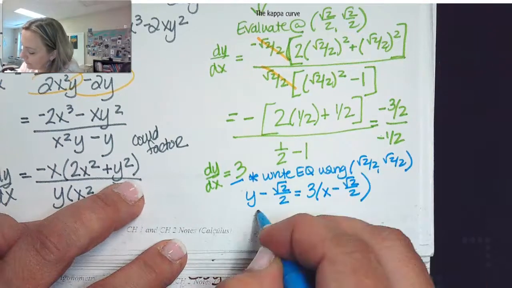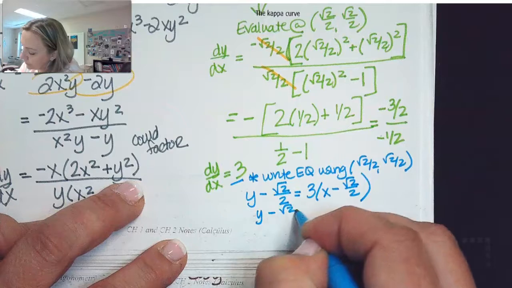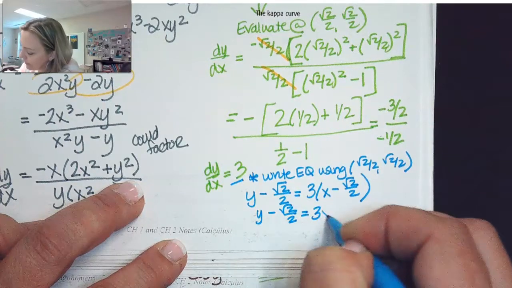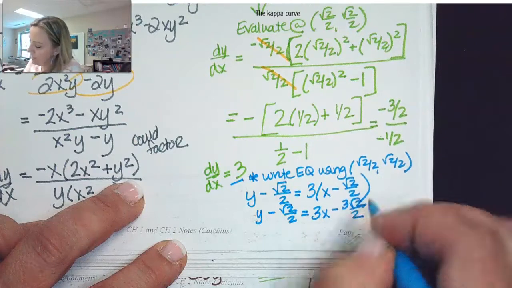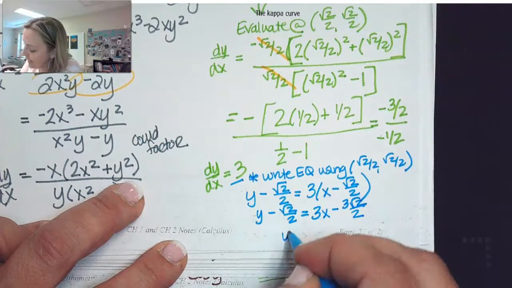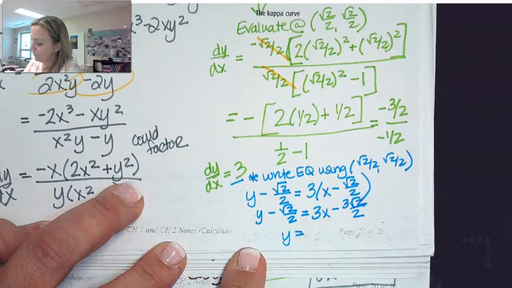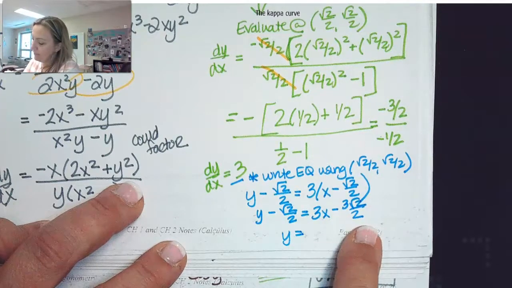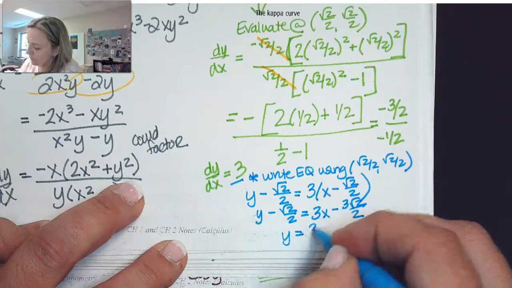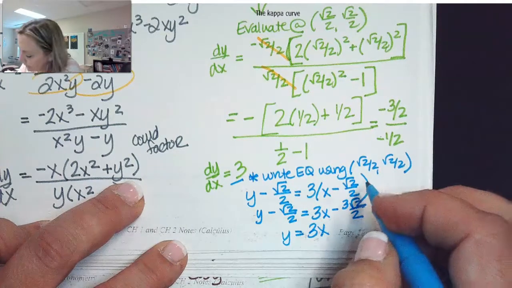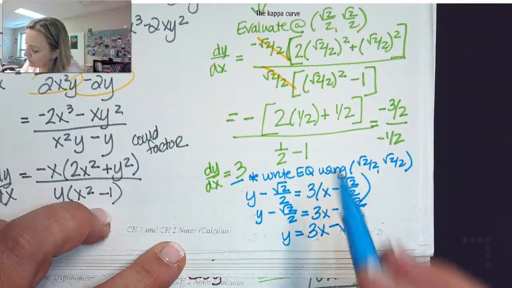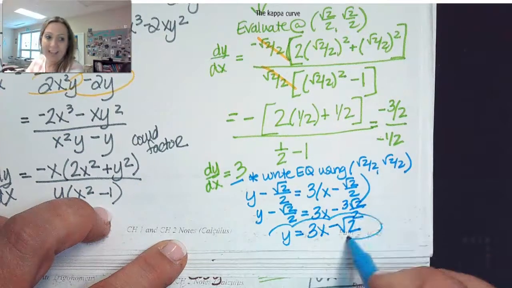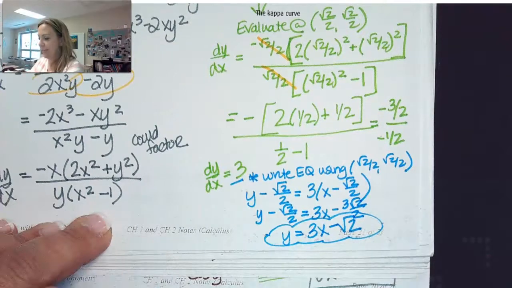We could distribute, so that would be 3x minus 3 root 2 over 2. And then I could add root 2 over 2, and that would give me negative 2 root 2 over 2, which the 2's cancel, right? And so then we just end up with y equals 3x minus root 2. And that is your equation of the tangent line.